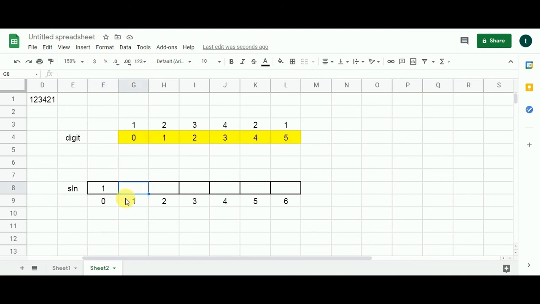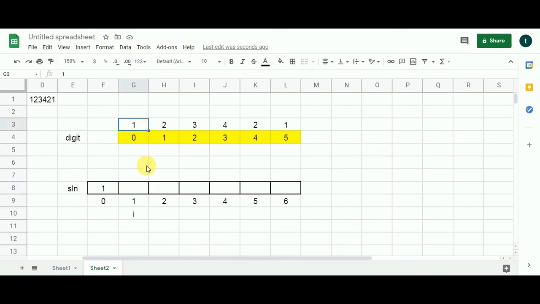Now this cell will contain the solution of the first subproblem of this digit sequence. I am going to assign it a variable I, and this I will keep moving towards the right once we calculate the value of a particular cell. So what should be the value of this cell? This cell represents a subproblem, and that subproblem is 1.